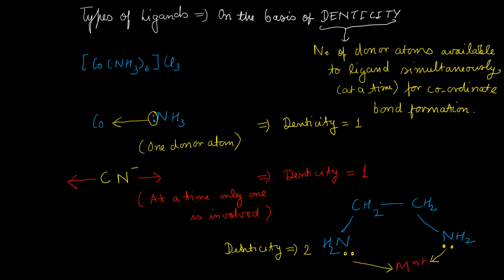So on the basis of denticity, you can categorize the ligand into the following categories. The first one is monodentate. Second one is didentate or bidentate. You can also call it didentate. And third one is polydentate.